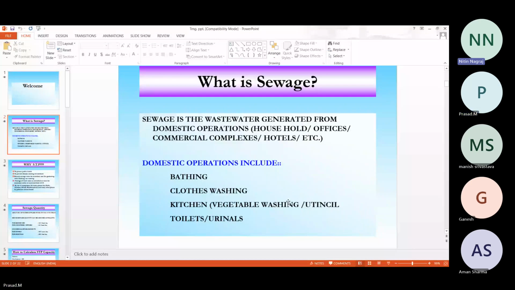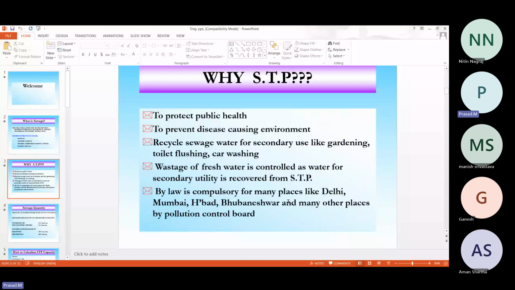So why is an STP required? First, the wastage of fresh water is controlled, as water for secondary utilities is recovered from STP. Whenever we talk about gardening, we use borewell water first, and naturally you are consuming borewell water, which is actually not required.